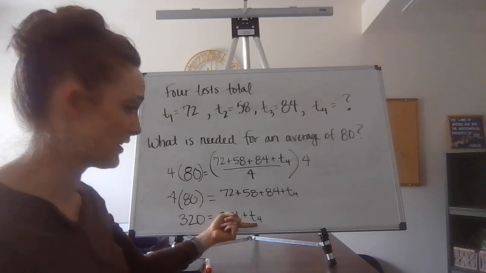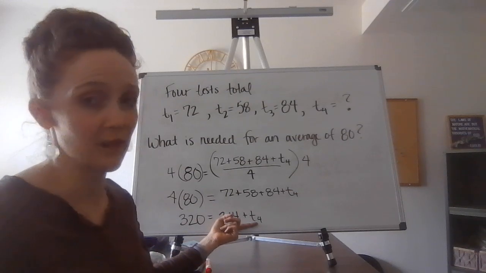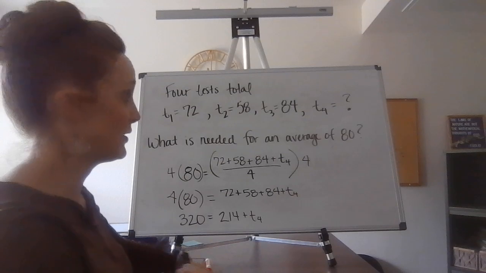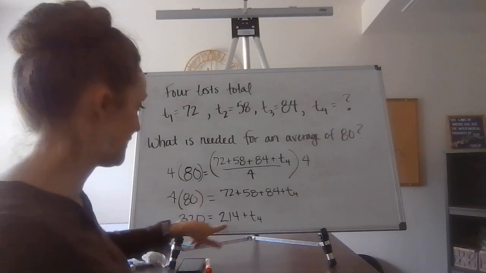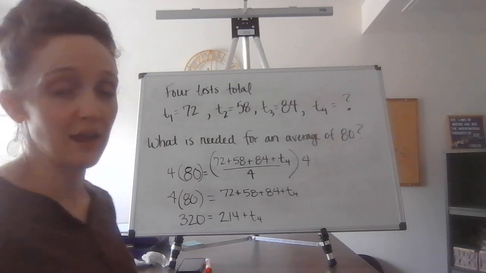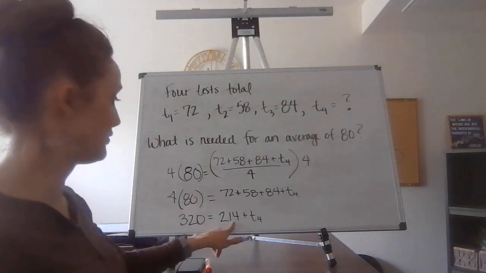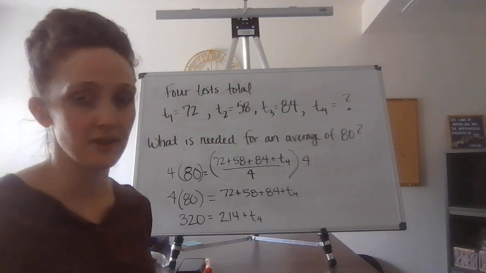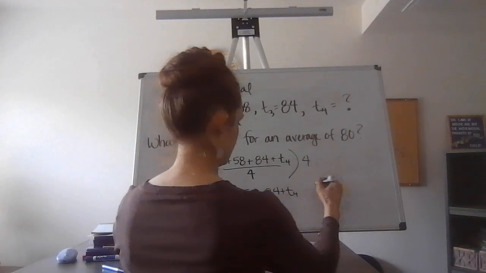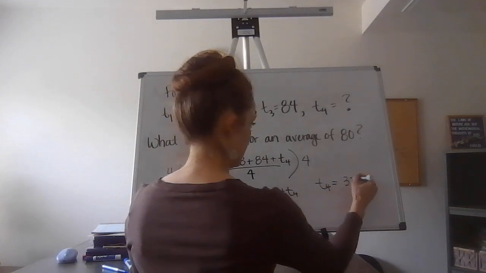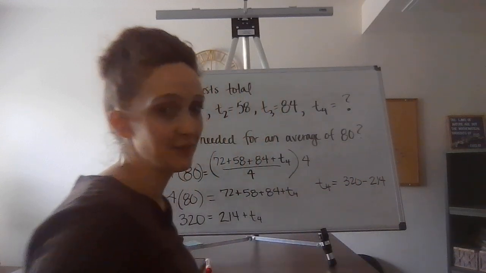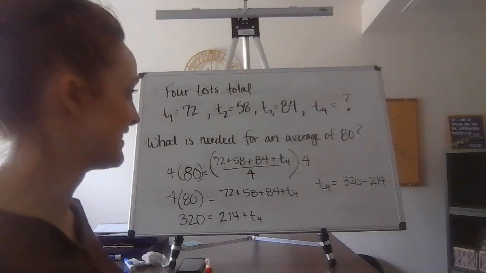So T4 would be the remainder of what I have left, right? That has to be added to 214 to get 320. So I'm asking the question, what do I have to add to 214 to get 320? The way to figure that out is subtraction. So T4 equals 320 minus 214. Again, just doing the inverse operations, we're just solving an equation here, right?